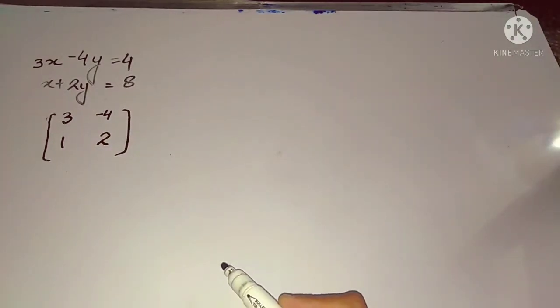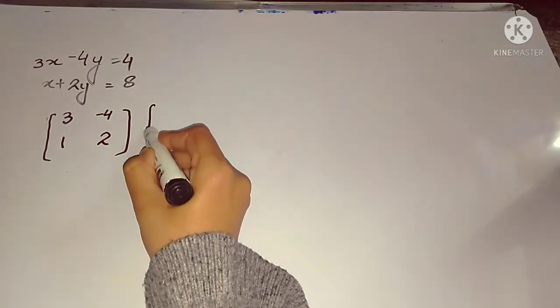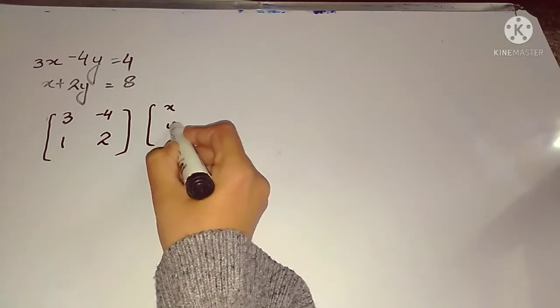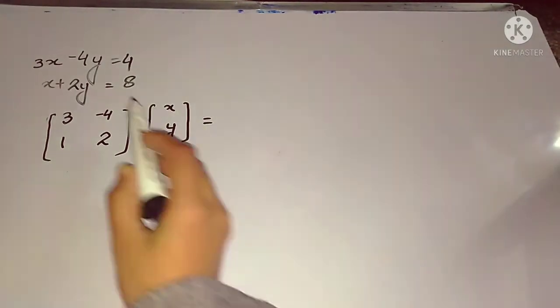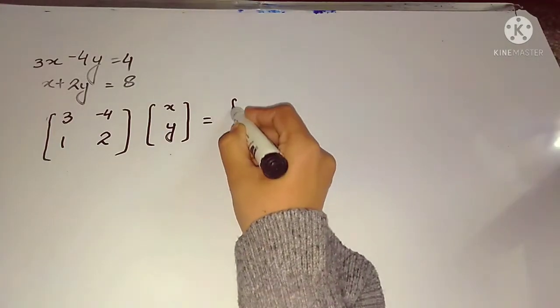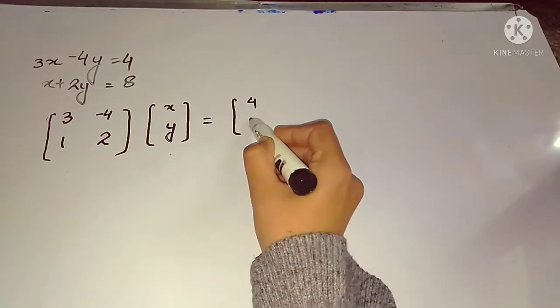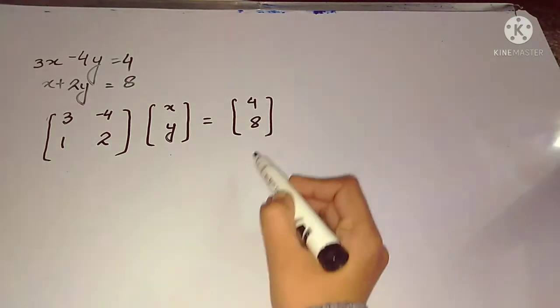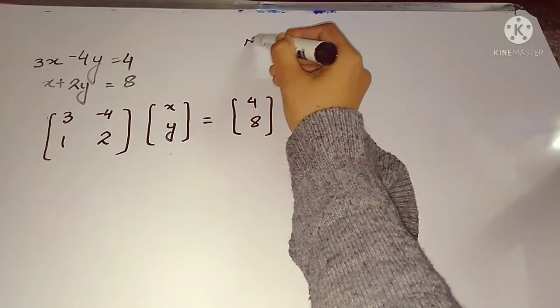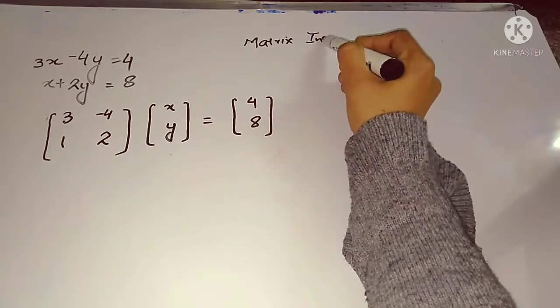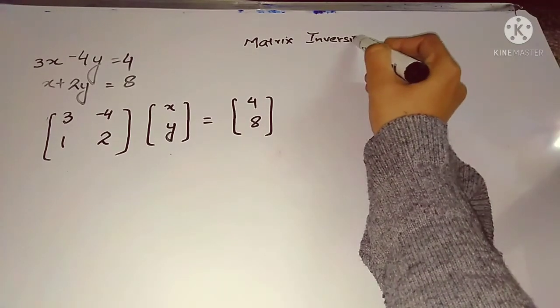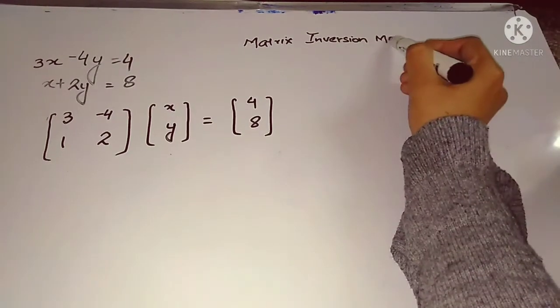You can see that the variables are x and y, so you write down x and y, and is equal to the constants, so you write down the constants like this. This is the matrix inversion method.